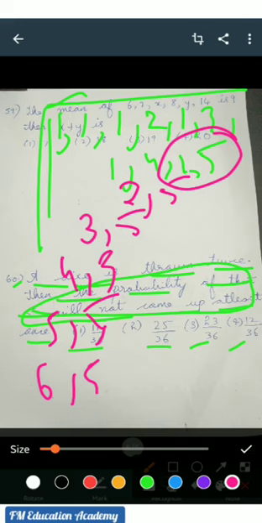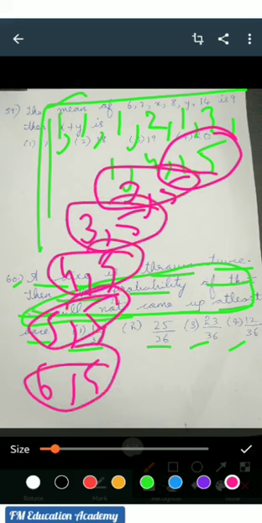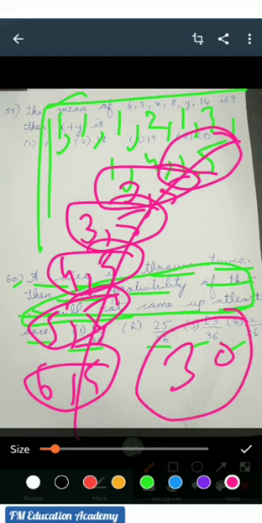This is the sample space. So 1, 2, 3, 4, 5, 6. Subtract 6 from 36, because total outcomes are 6 power 2, that is 36. So 36 minus 6 is 30. So 30 are the number of favourable outcomes.